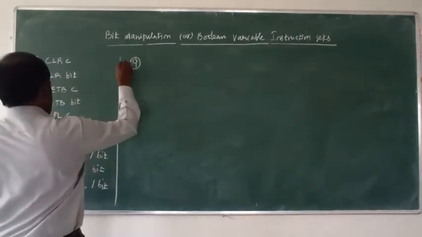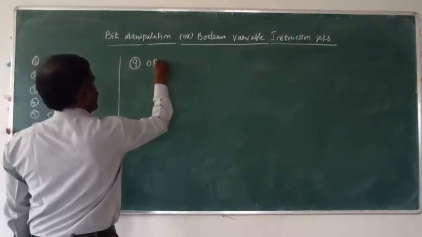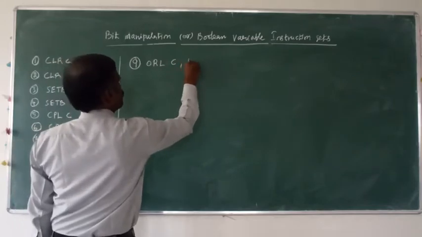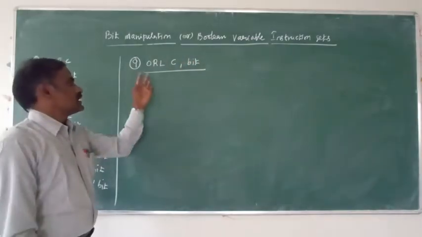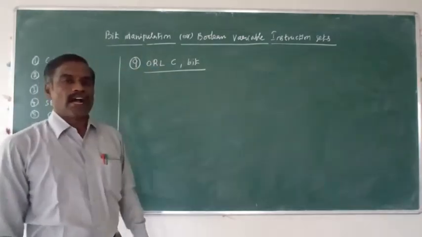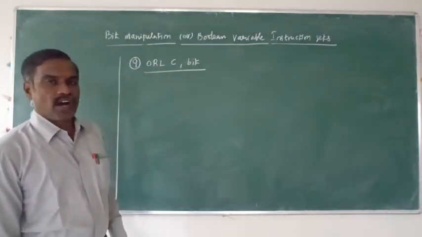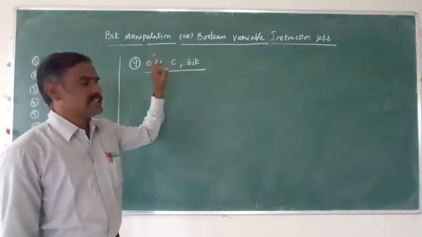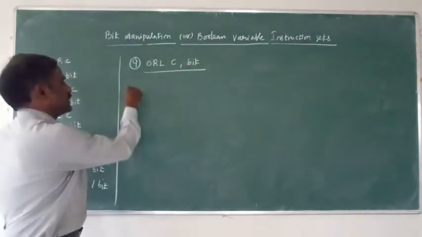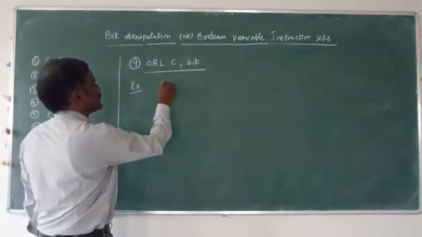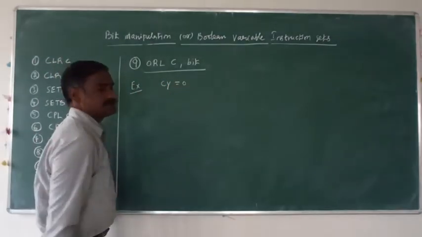Ninth instruction, ORL C comma bit. ORL means logically OR carry with that particular bit position. Example, here the carry equal to 0.